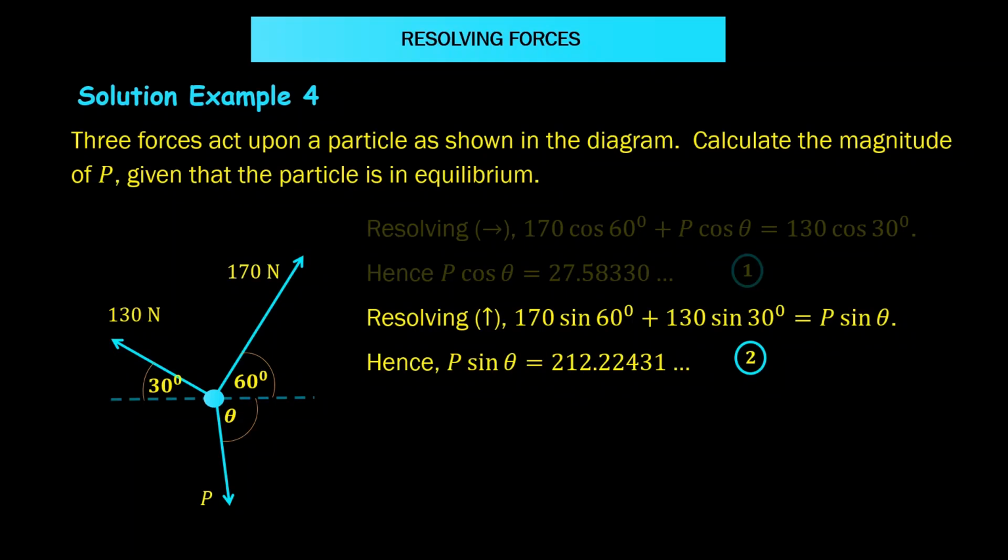And so tidying up and plugging values into our calculator gives us that P sine theta equals 212.22431.